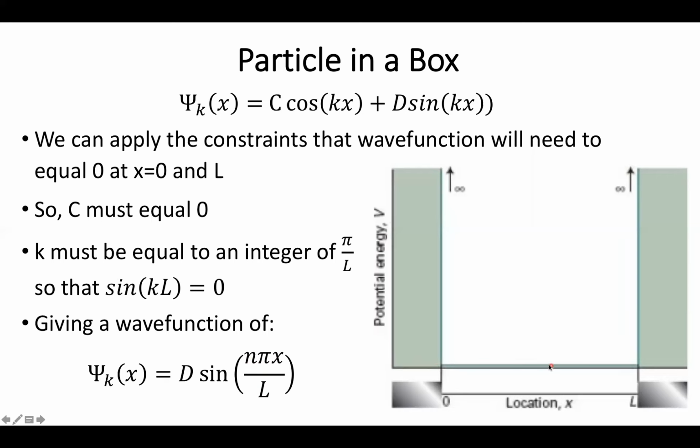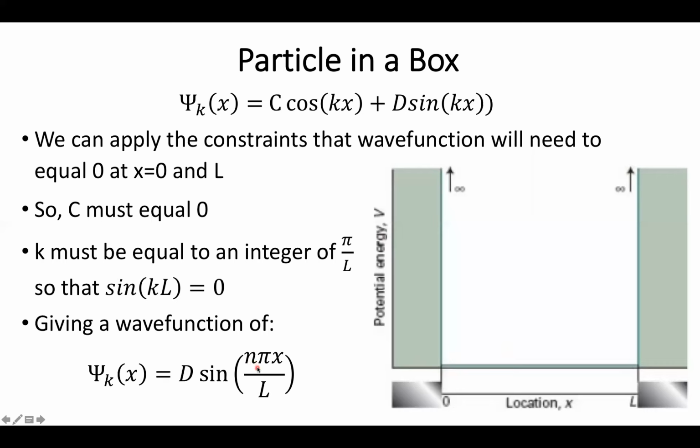So psi would equal 0 at all points. Well, that's not realistic, because if psi is equal to 0, that means I don't have a particle anywhere. So n equals 0 is impossible, but as long as it's an integer value of 1 or greater, this wave function should work.